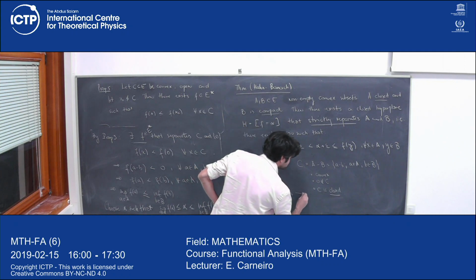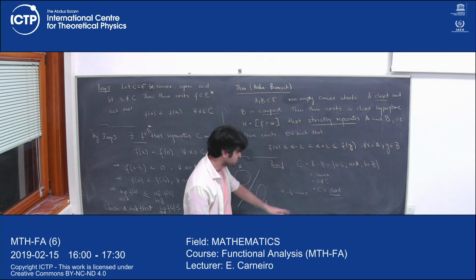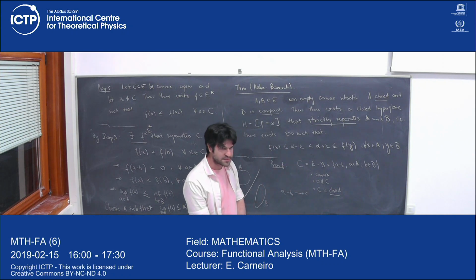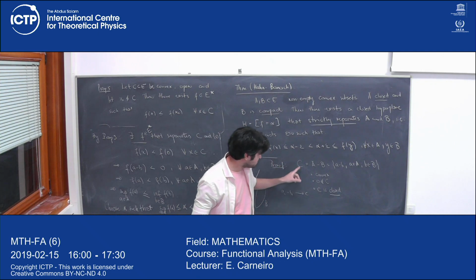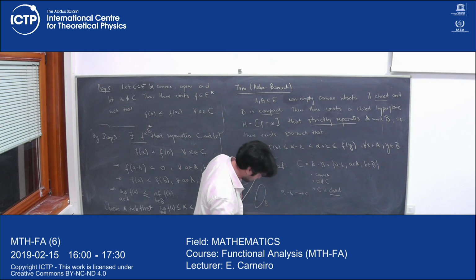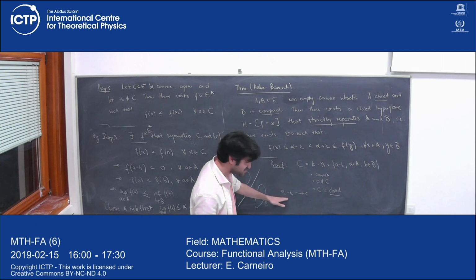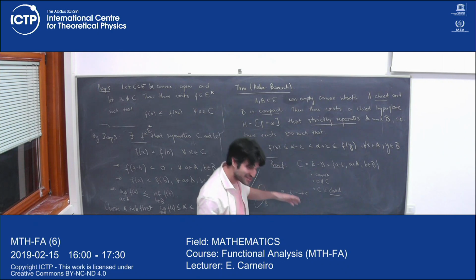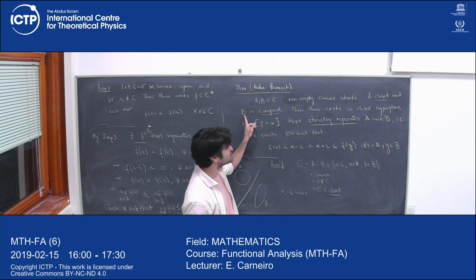Assume that this converges to a certain c, and you want to prove that this little c is in the set big C. So a_i and b_i is a sequence of points with a_i minus b_i converging to c. B is compact, and the only thing you can use at this point is the fact that B is compact.